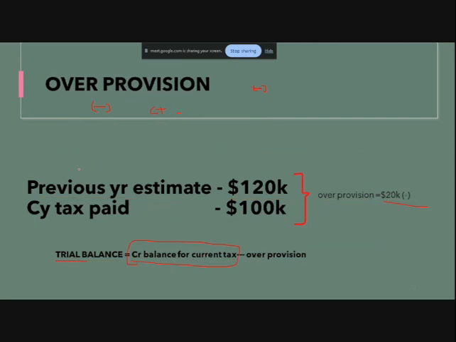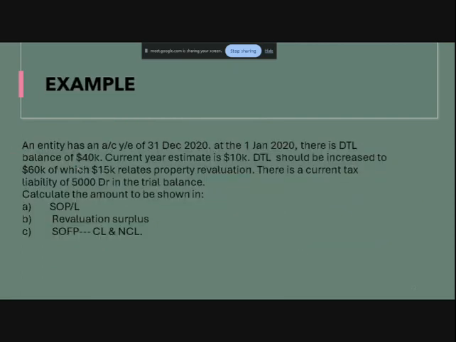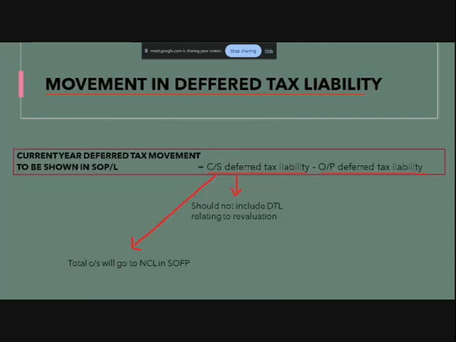You will become thorough with this concept as you do questions, but still just remember all these things. That's why I noted it down here: it should not include deferred tax liability relating to revaluation, and the total closing balance is what will go to NCL in SOFP.